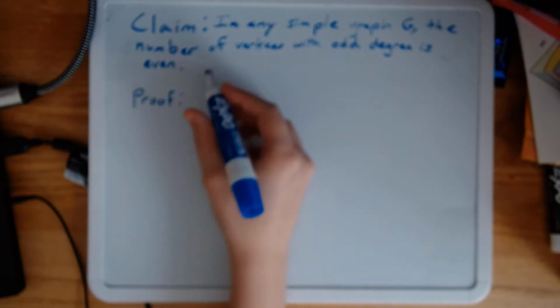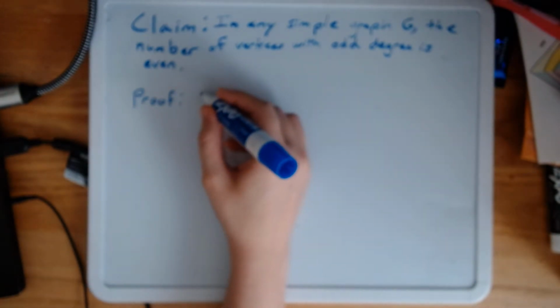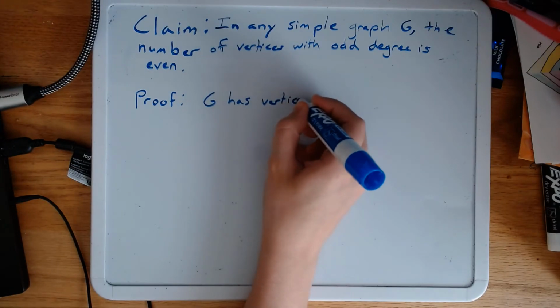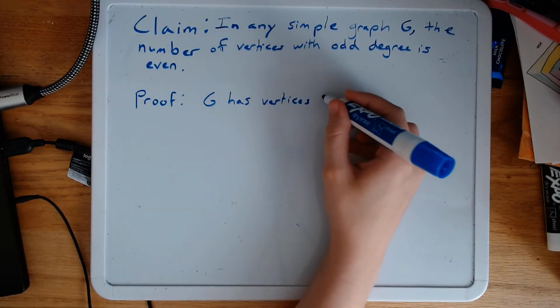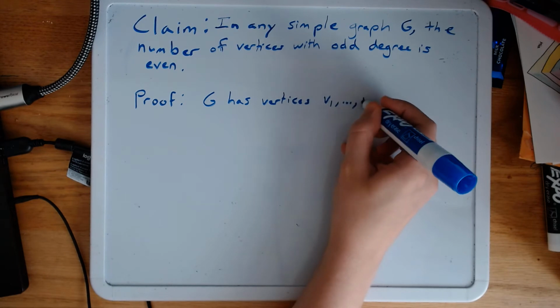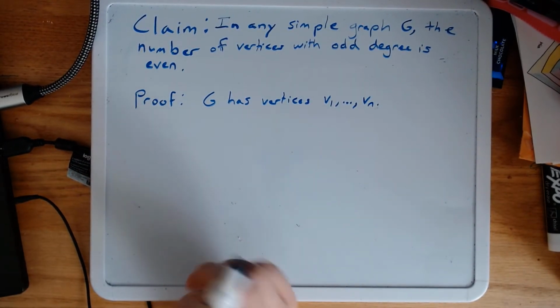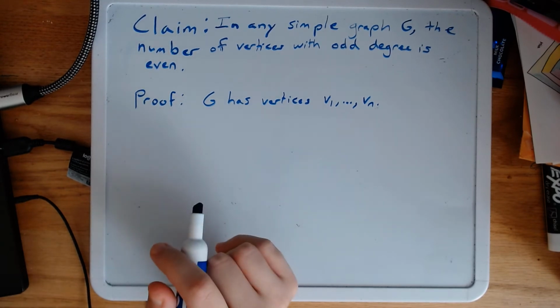Okay, so I'm going to say G has vertices, and I'm going to give them names just for convenience, V1 up through Vn. It doesn't really matter which one is which, this will just make it easier to write a particular statement later.